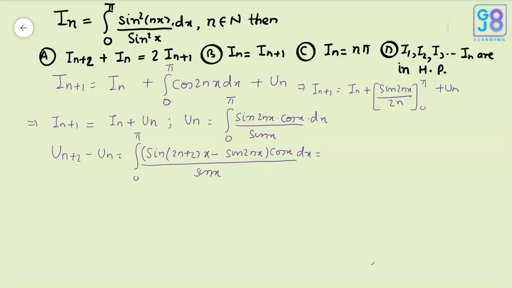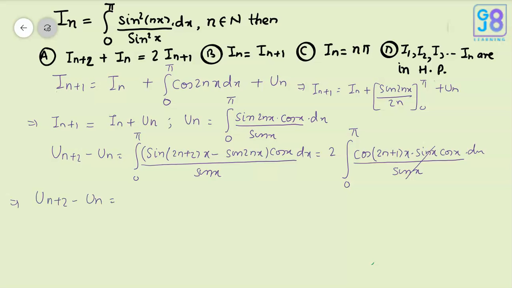Now we'll apply the difference formula over sine (2n+2)x minus sine 2nx. It will give me 2 cos (2n+1)x times sine x, times cos x over sine x. This sine x and this sine x will get cancelled out.